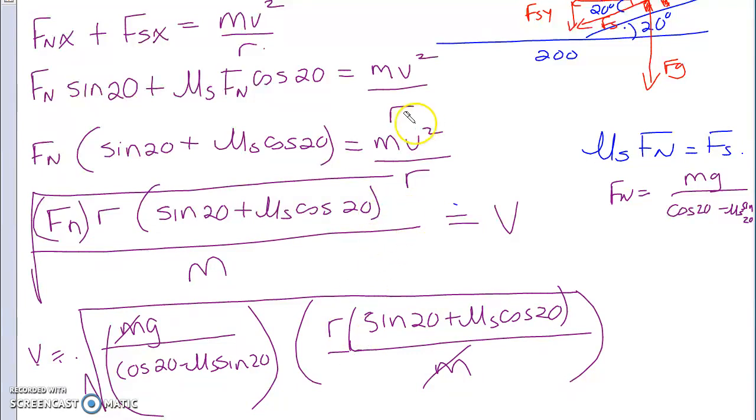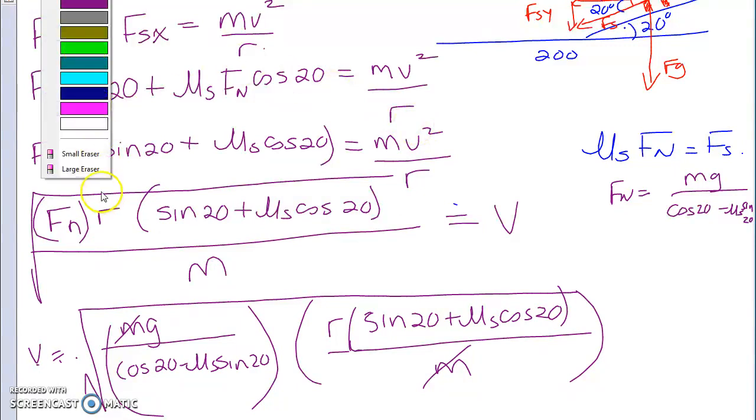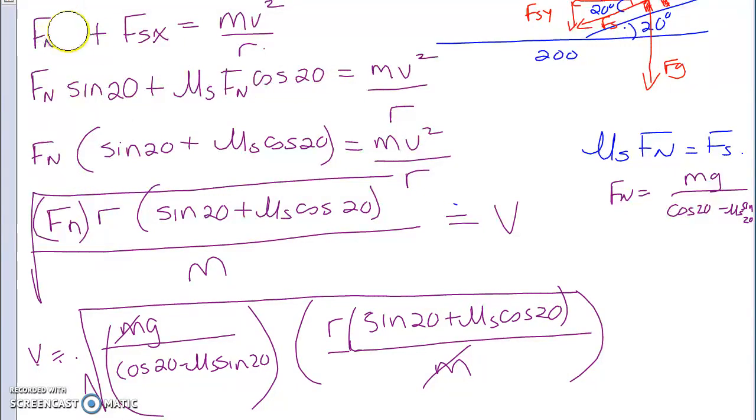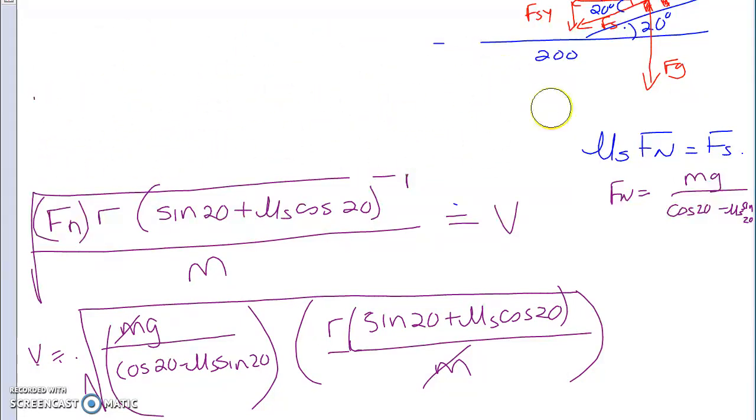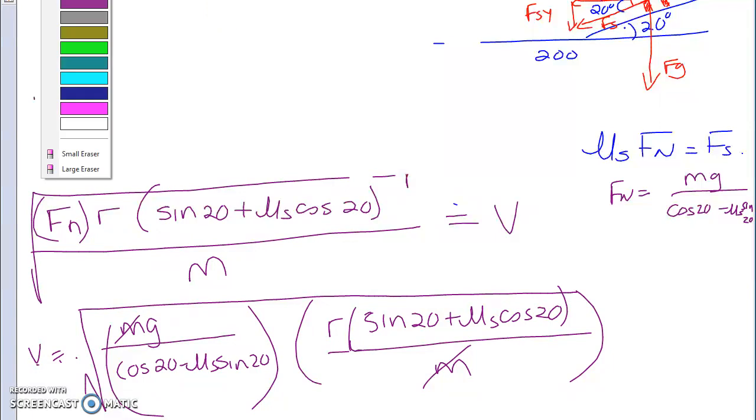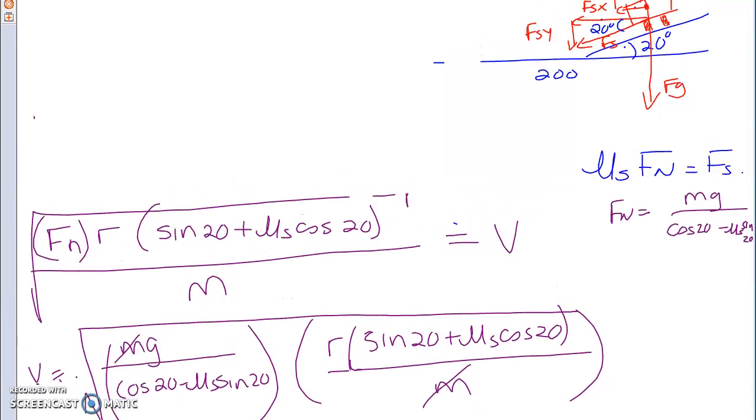Okay? Alright, so let's go back up and erase a few things. Can I erase this top part? Yeah. Okay. And let's erase this too right here. And let's move that up.